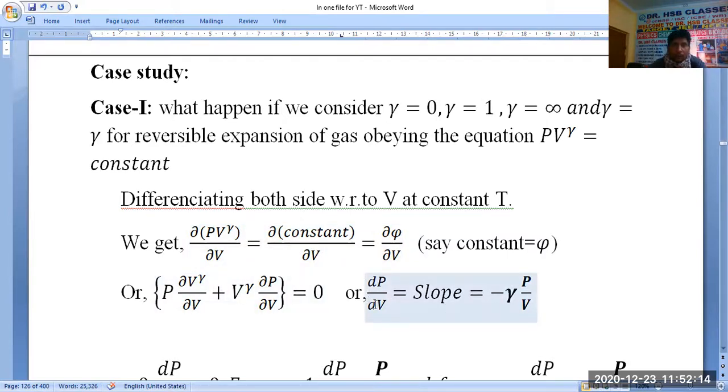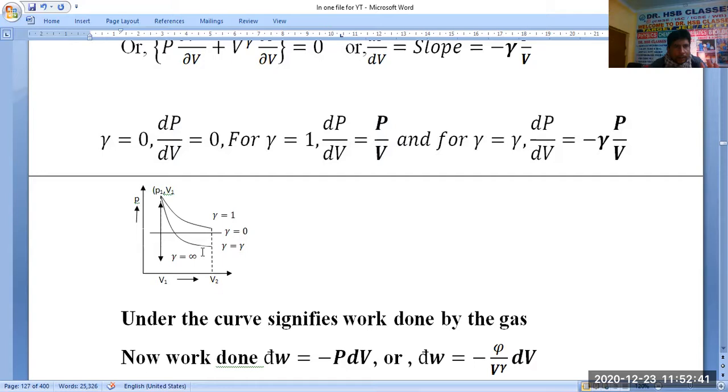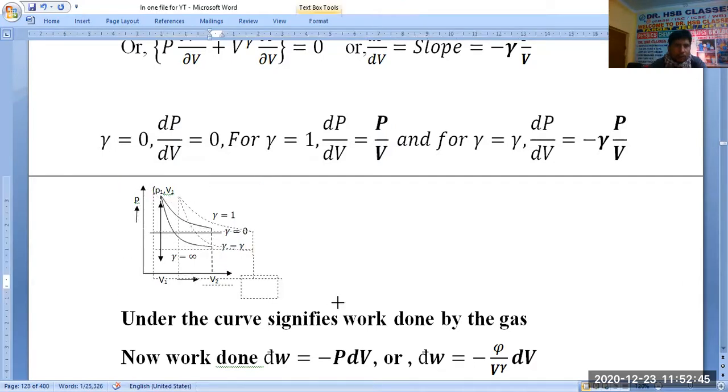It will be minus P by V. If gamma equal to 0, then dP by dV equal to 0. For gamma equal to 1, dP by dV equal to minus P by V. And for gamma equal to a constant gamma, dP by dV equal to minus gamma P by V. This is very important, and it is a university problem.